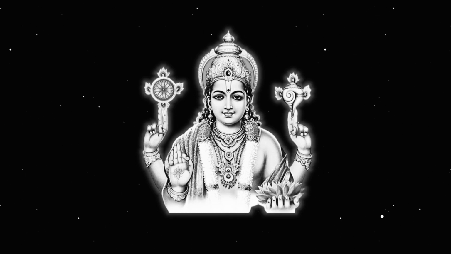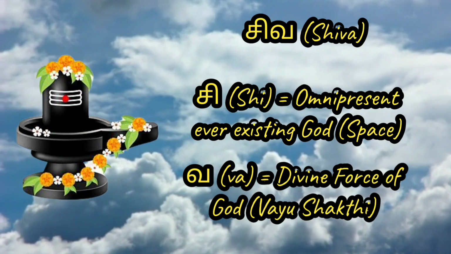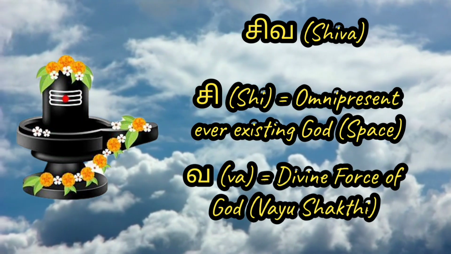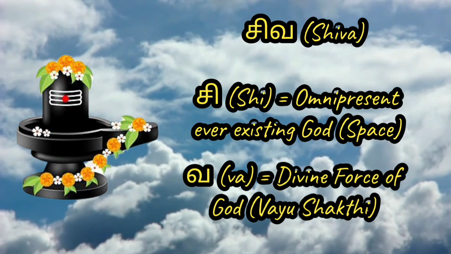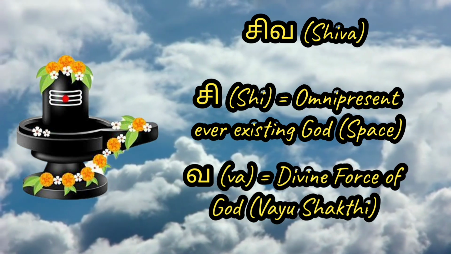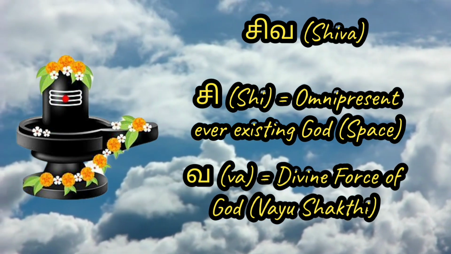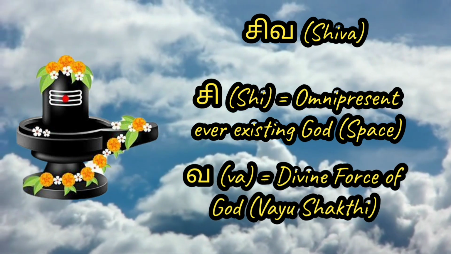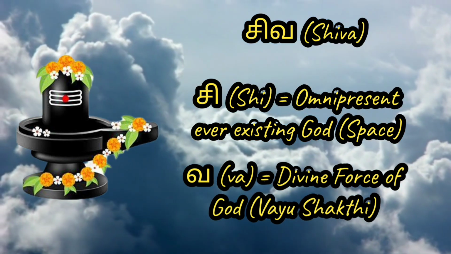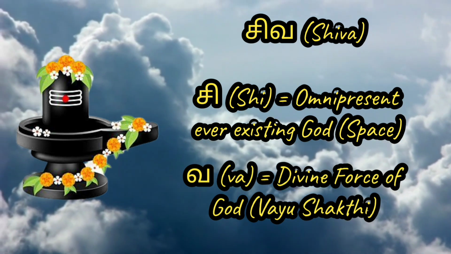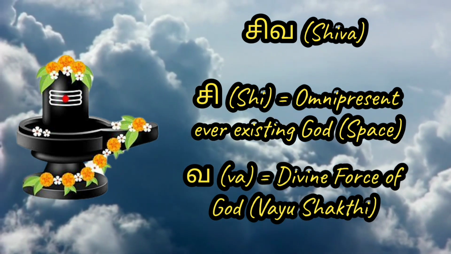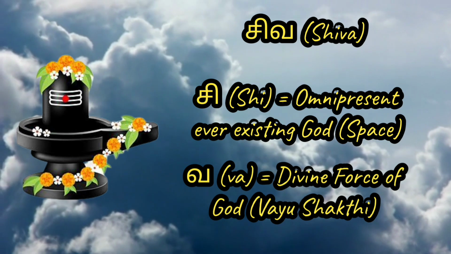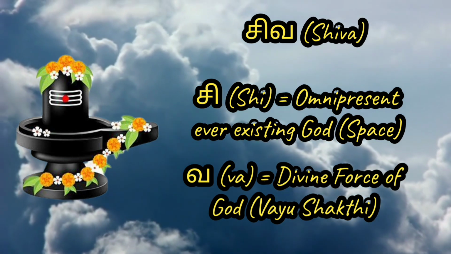The word Shiva, in Tamil, is written using two letters: one is Si, another one is Va. Si means the omnipresent, ever-existing God, which is represented as space. Va means the divine force of God, which is nothing but the Vayu Shakti. In Tamil, there are several words for Vayu. Since Va represents the divine force of God, all these words in Tamil start with the letter Va.